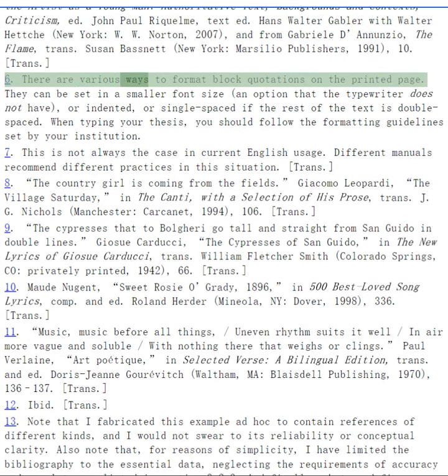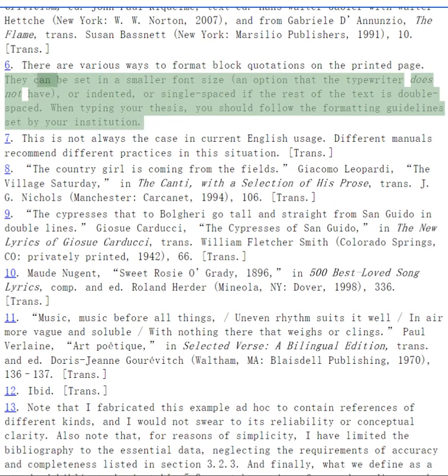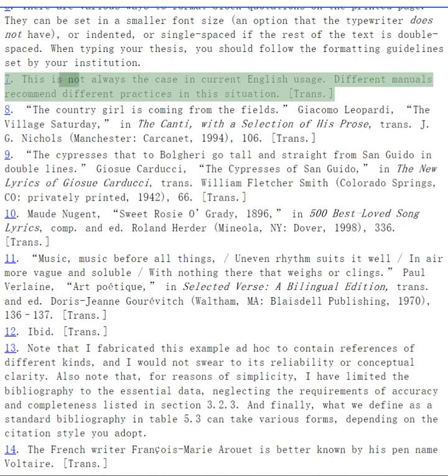There are various ways to format block quotations on the printed page. They can be set in a smaller font size, or indented, or single-spaced if the rest of the text is double-spaced. When typing your thesis, you should follow the formatting guidelines set by your institution. 7. This is not always the case in current English usage. Different manuals recommend different practices in this situation.